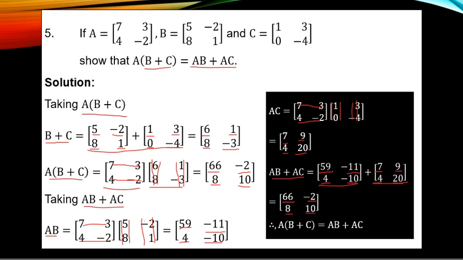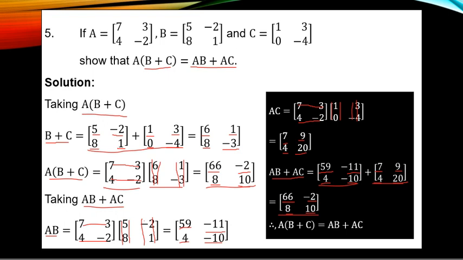So let's check. A into B plus C is this matrix now. Then AB plus AC is this matrix, and you find out that both results are equal. This shows that the distributive property of matrix is true.